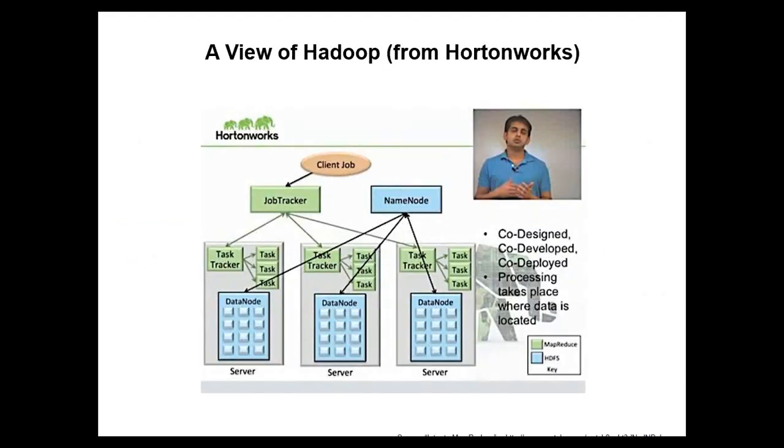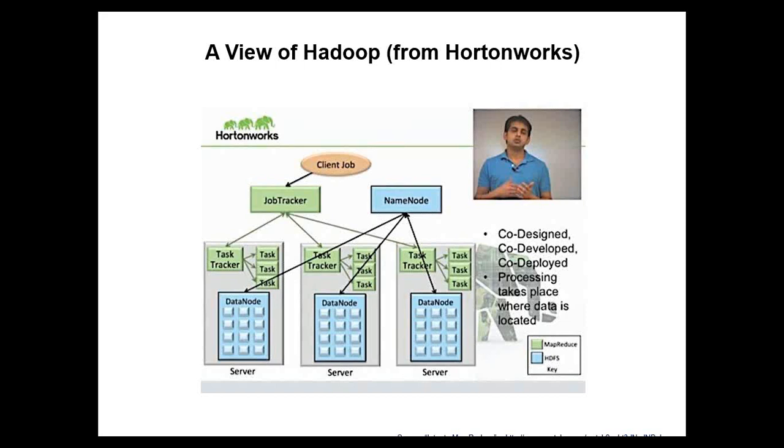This is another view of how this whole thing works. We submit a job, which could be a big program, and then that is broken down into tasks. The cluster basically consists of name node and data nodes. When you say a Hadoop cluster, it consists of somewhat like master and slaves.